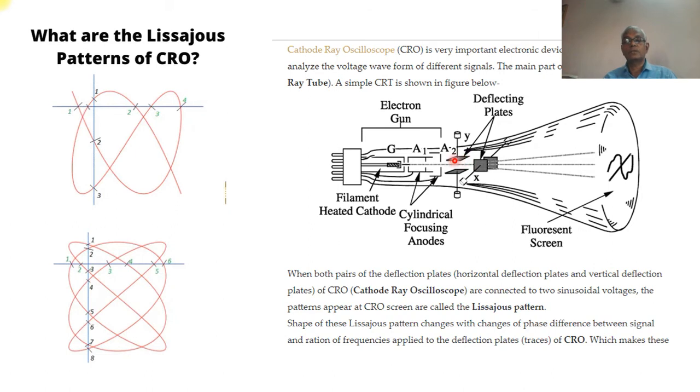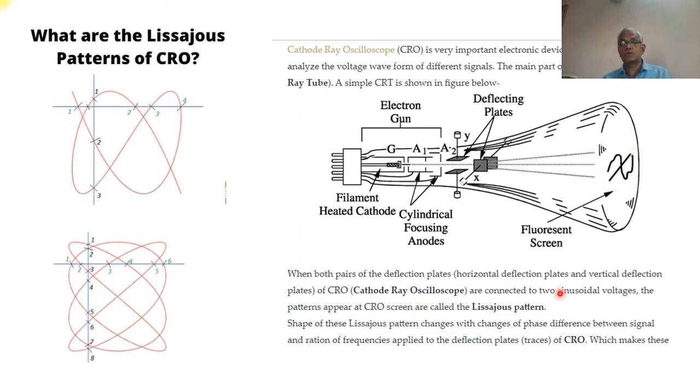Then there are two plates, one called the vertical plate and another called the horizontal plate. These two are called the deflecting plates. After the electron passes through the deflecting plates, the horizontal plate spreads the electron beam along the horizontal axis, and the vertical plate, that is the Y plate, pulls the electron in the vertical direction, so that whatever figure is generated, we can observe it.